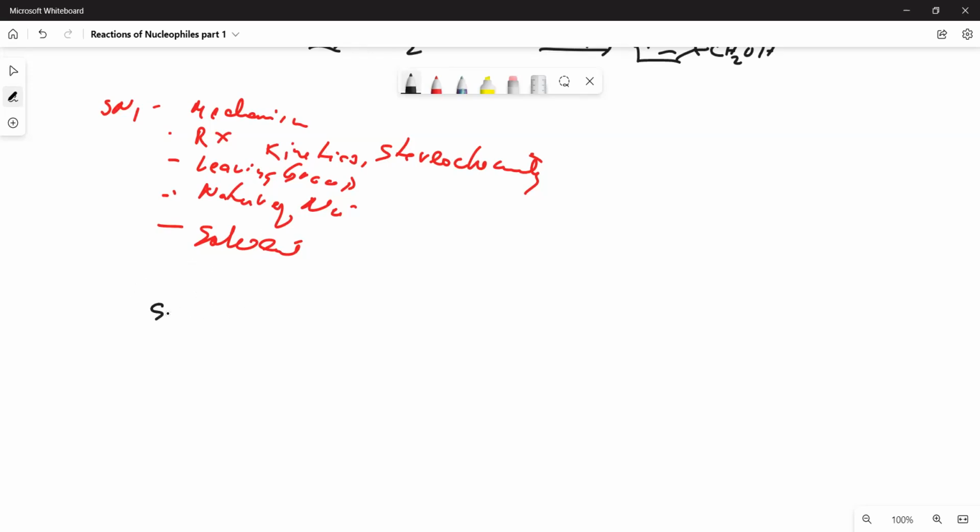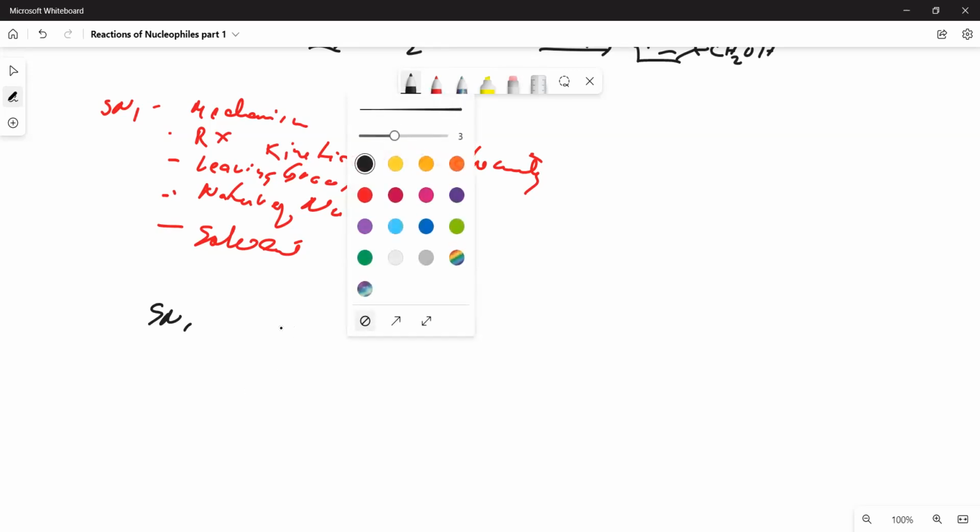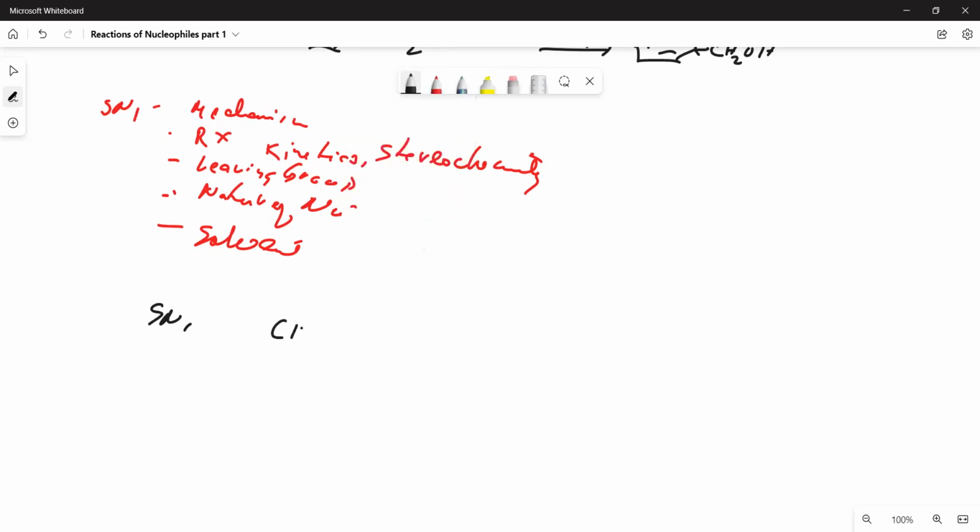Now let's start with the mechanism of the SN1 reaction of alkyl halide. In SN1, we're going to illustrate that using tertiary butyl bromide. If you react this with water, this will produce tertiary butyl alcohol.